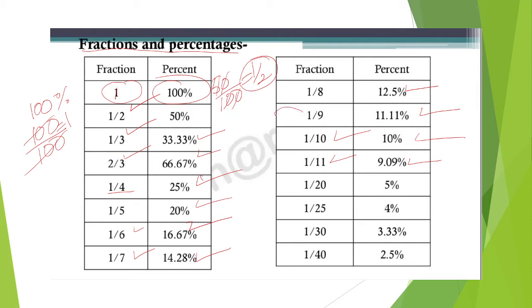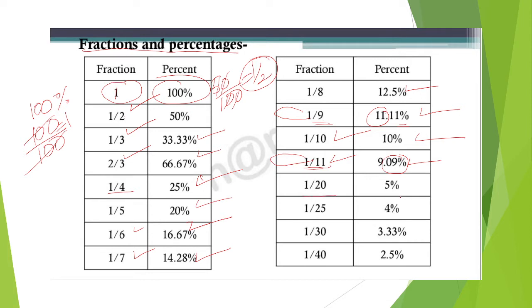Here we can easily remember 1 by 9 and 1 by 11: 1 by 9 gives 11.11 percent, and 1 by 11 gives 9.09 percent.